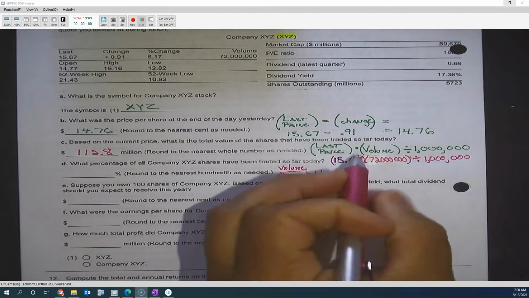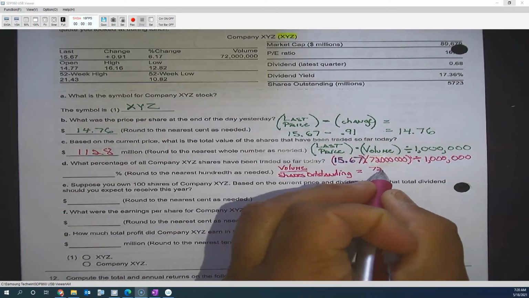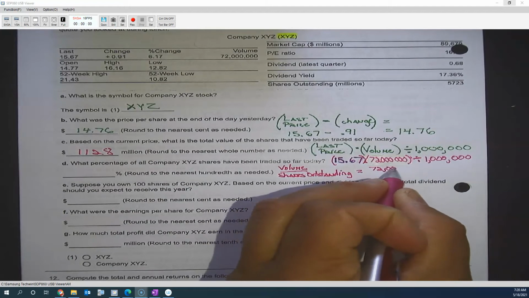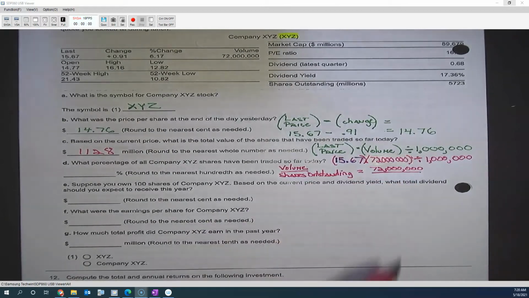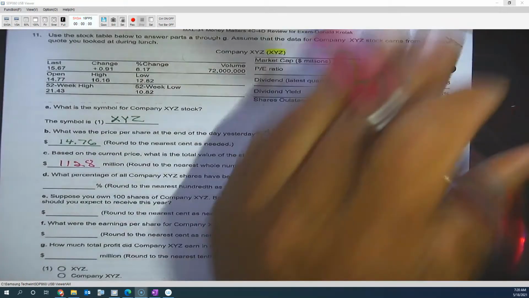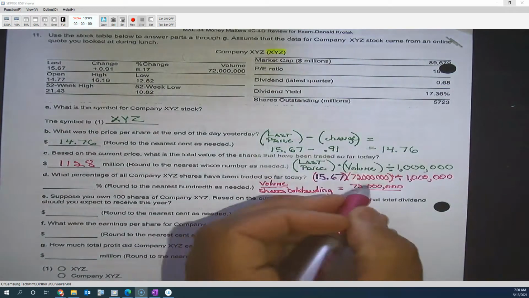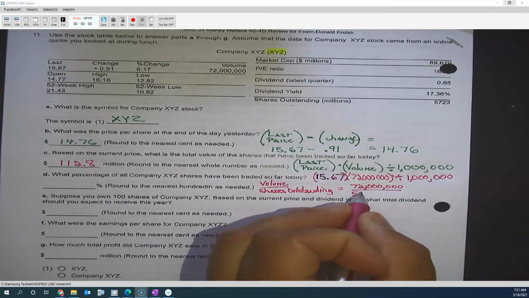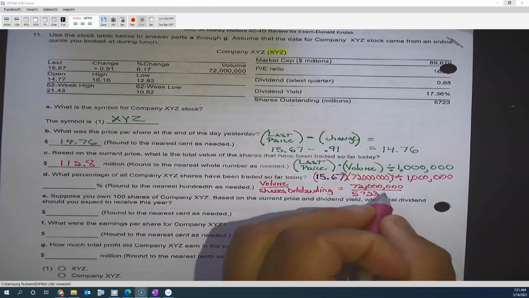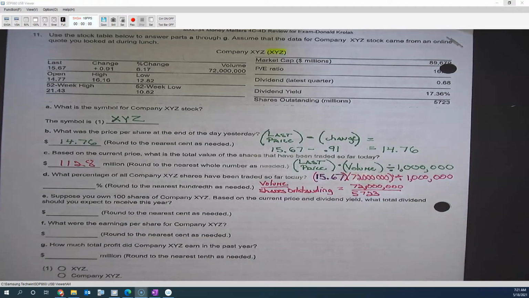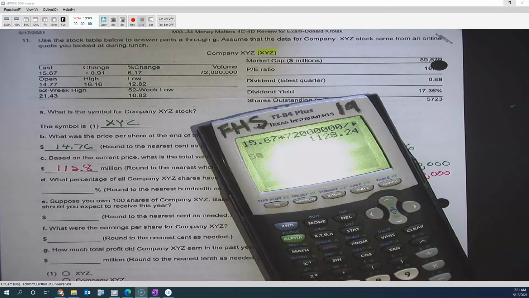So in this case, that's going to be 72 million divided by, now this is in millions, so it's going to be 5723, and then that gets multiplied by 1,000,000. 5723 times 1,000,000.